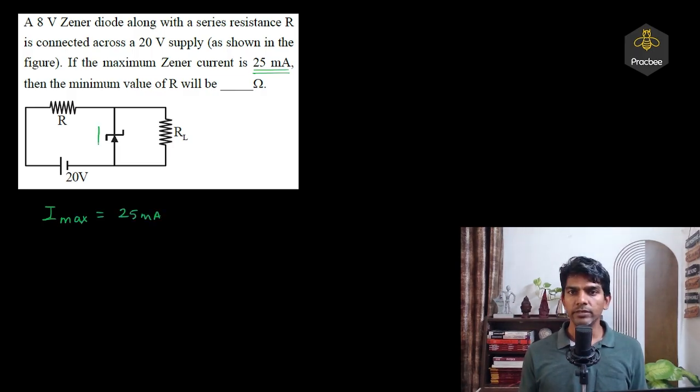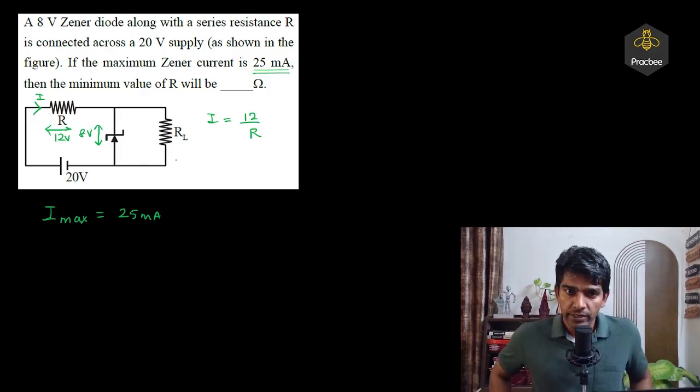And Zener voltage is given as 8 volts. So across the input resistor the voltage will be 20 minus 8, that will be 12 volts. And this is the input current. So input current can be written as 12 over R. And maximum Zener current is given. And RL, nothing is given about RL.